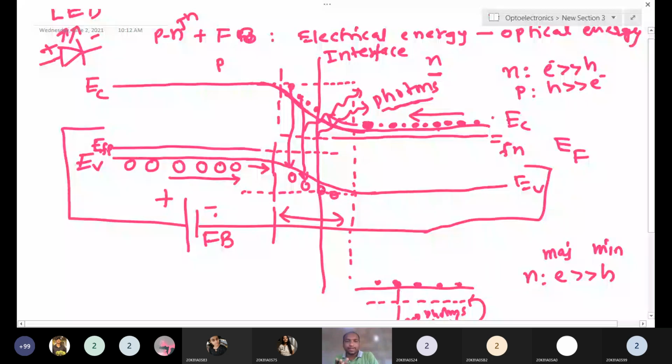The reason is that when you give forward bias voltage, electrons and holes move towards the interface, but to cross this barrier they need more energy. Since they don't have much energy, they stay for some time at the interface because they have to climb. Meanwhile the lifetime of the charge carrier will complete, so they will jump from the conduction band to the valence band and recombine.